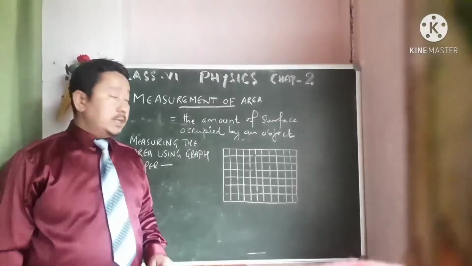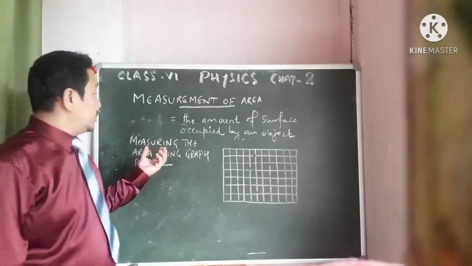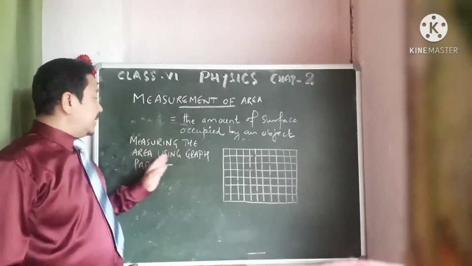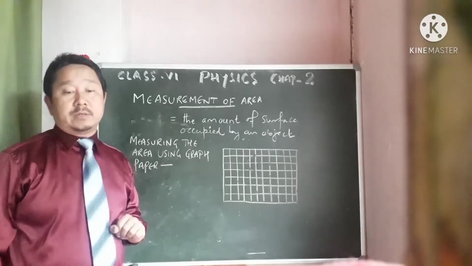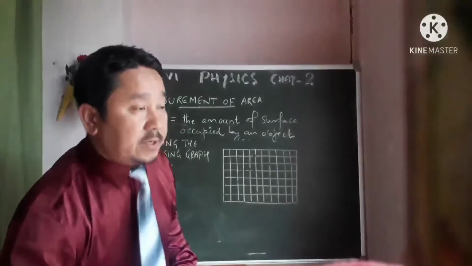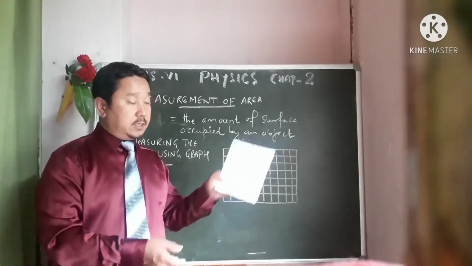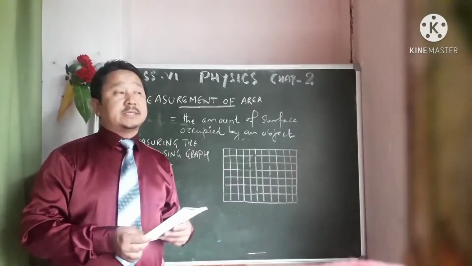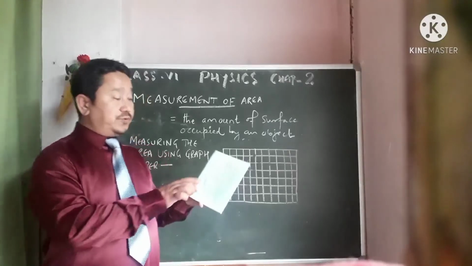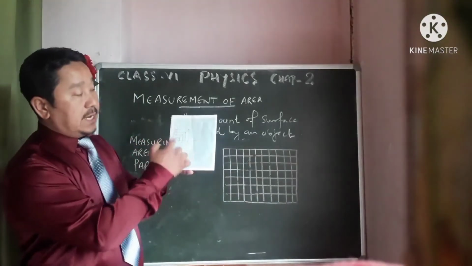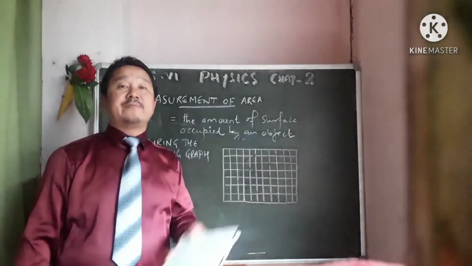Okay, now we'll do measuring the area using graph paper. You must have seen graph paper. If you see a science copy, you see the paper like this, which is called graph paper.